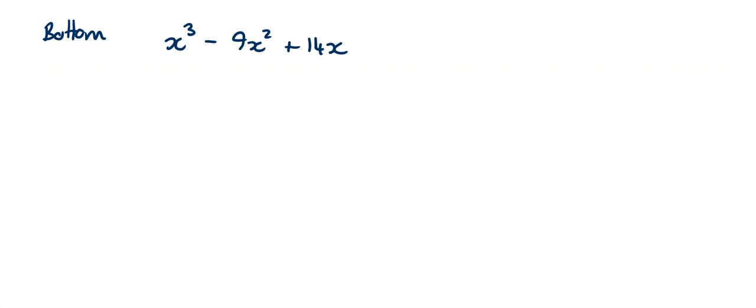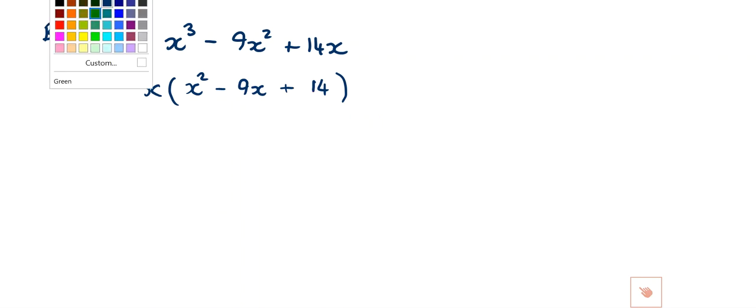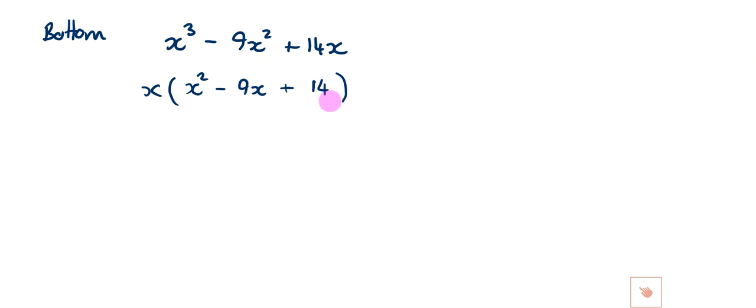Take out x. We can take out x. So let's do that first. So we've got x times x squared minus 9x plus 14. Then we say, all right, now I've got a quadratic. Could I potentially factorize the quadratic? So I need two things that multiply to make 14 and add to make minus 9.